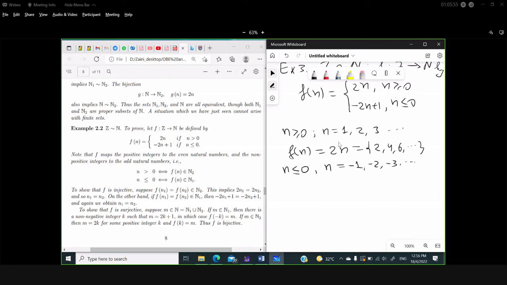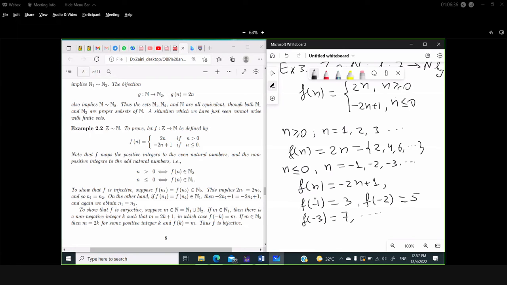Now, f of n is minus 2n plus 1. Look, if n equals minus 1, what will happen? f of minus 1 is actually 3. f of minus 2 is 5, and f of minus 3 is 7, and so on.